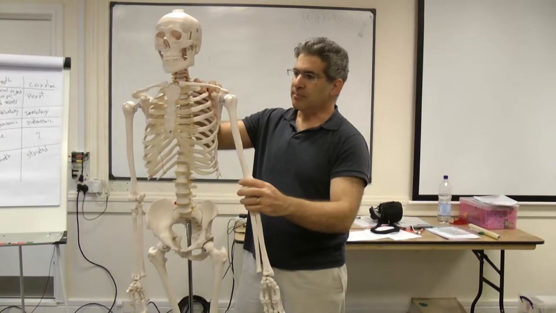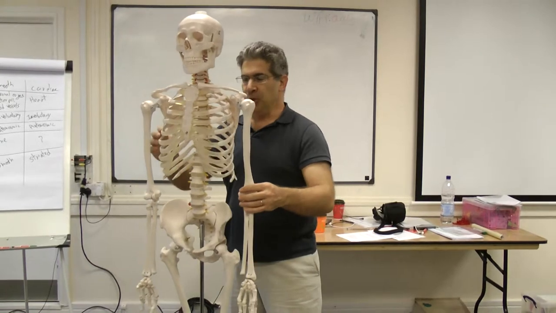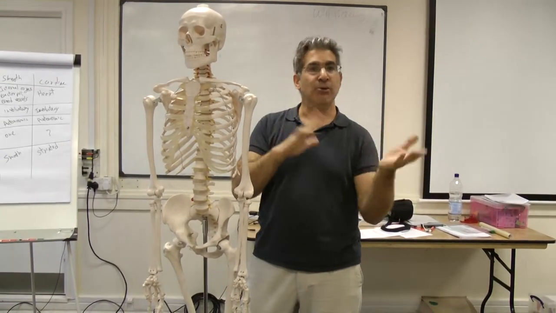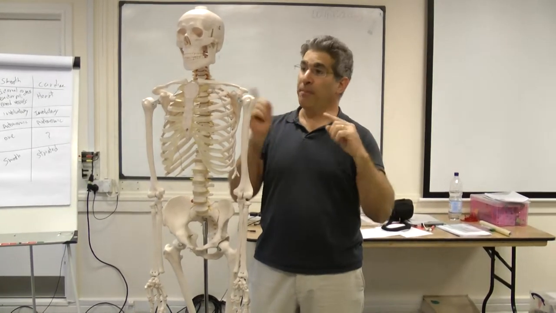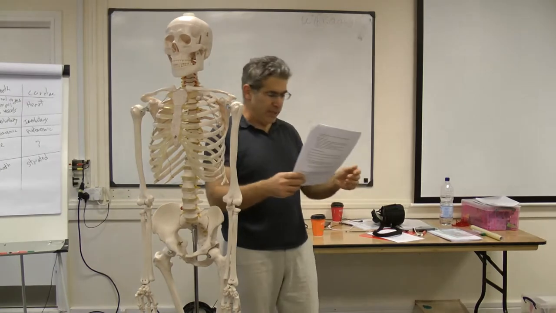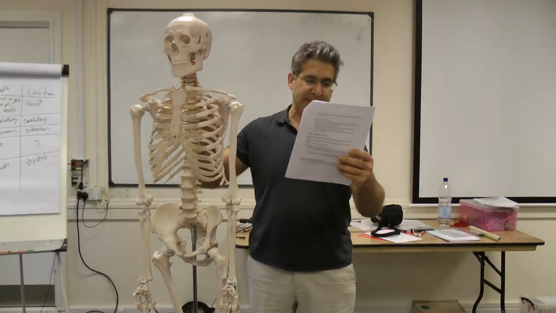So if, for example, you look at every joint, most of them have a set of two muscles that oppose each other. So we're starting with this in mind.